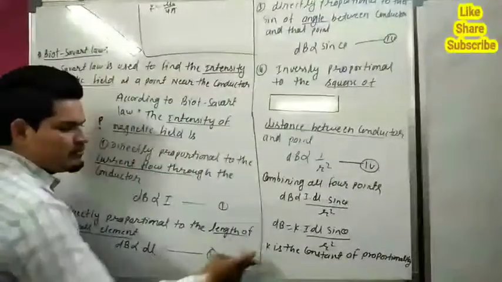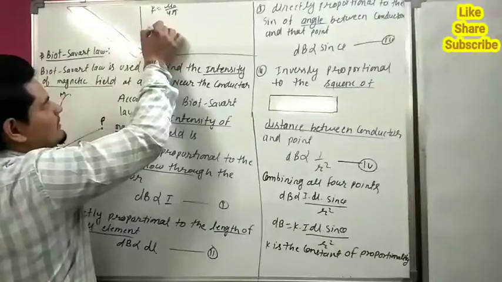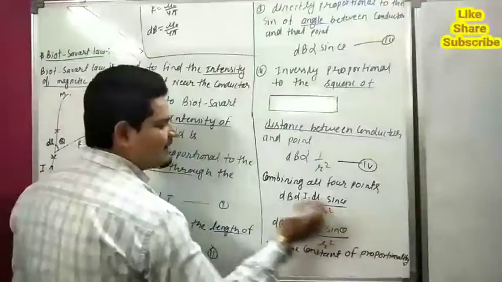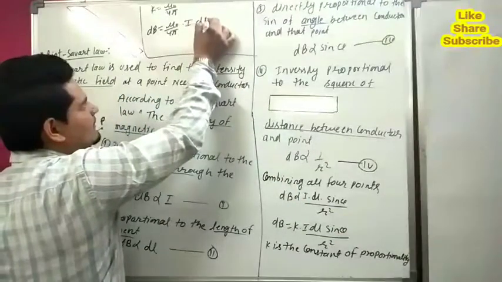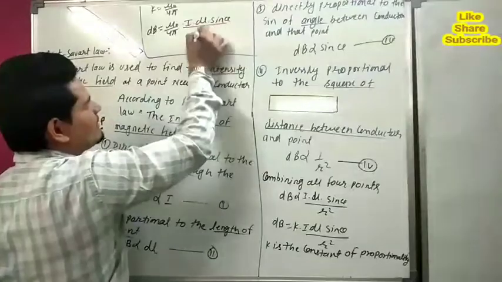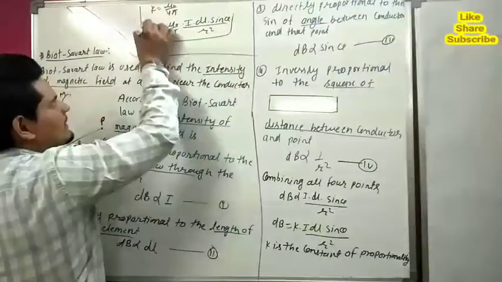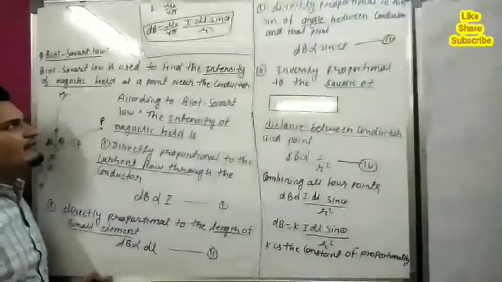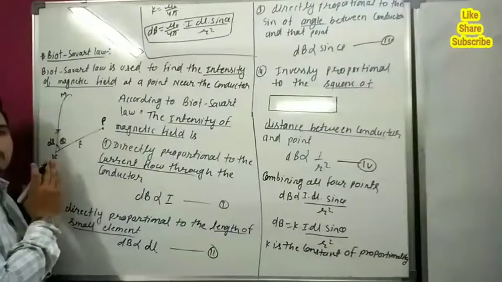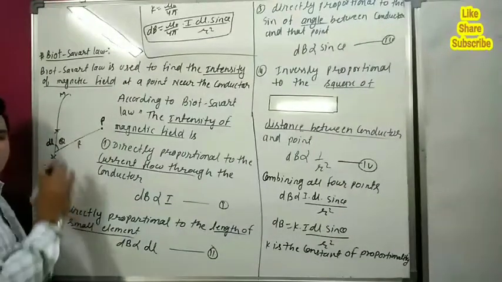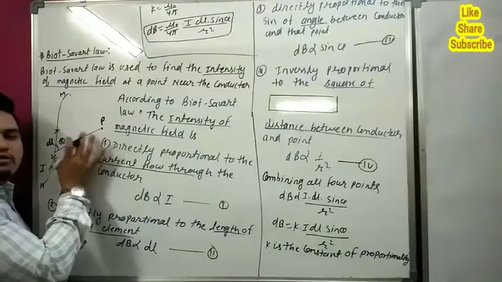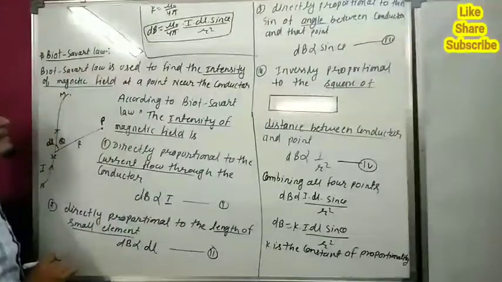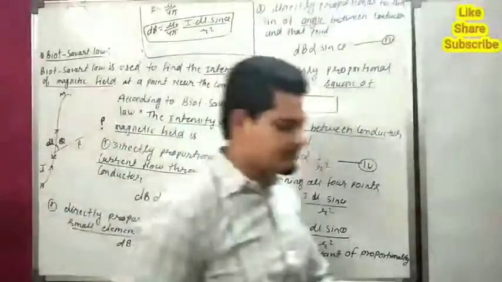So when we put this value, dB is equal to mu naught divided by 4 pi times I dl sin theta divided by r squared. This is the formula of intensity of magnetic field due to a conductor at any point located at distance r from the conductor. You can write this formula.